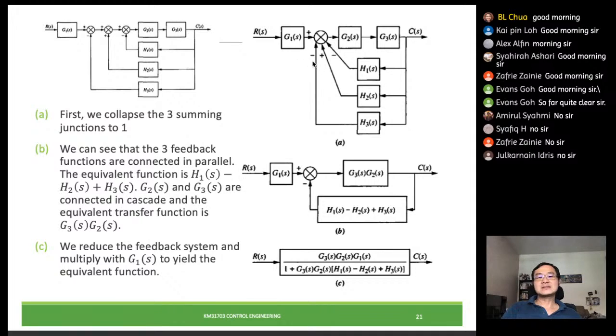Our intention here, when we form this simplified summing junction later on, is that we would want it to be minus, so that it is the same as the feedback control block diagram itself. We want this to be minus. So what happens is this is minus, no problem, but this is plus, okay. This line with H is plus.